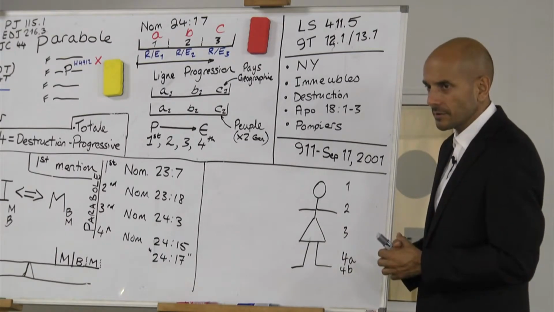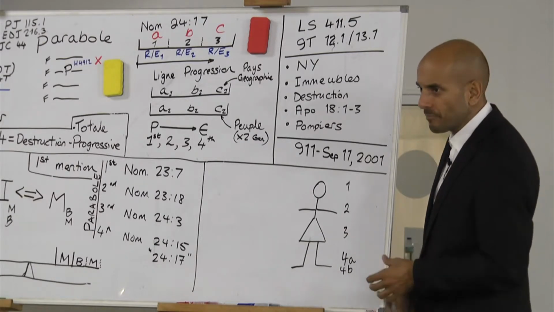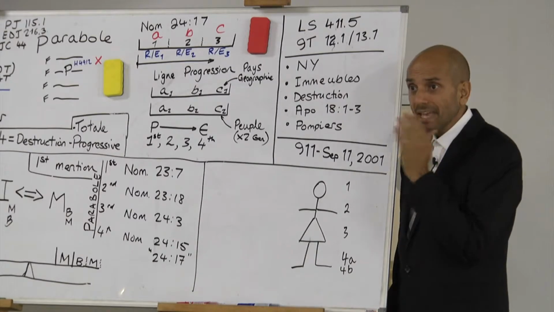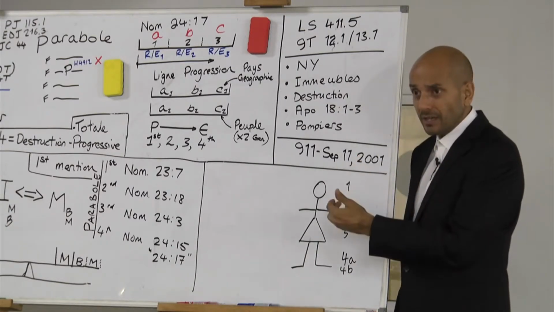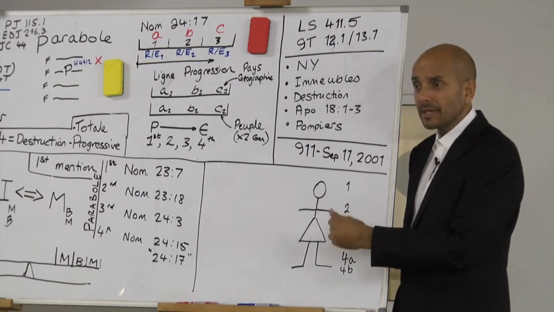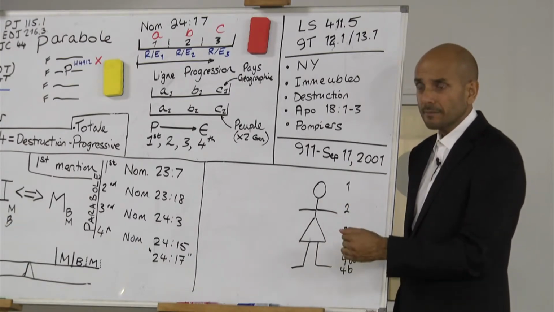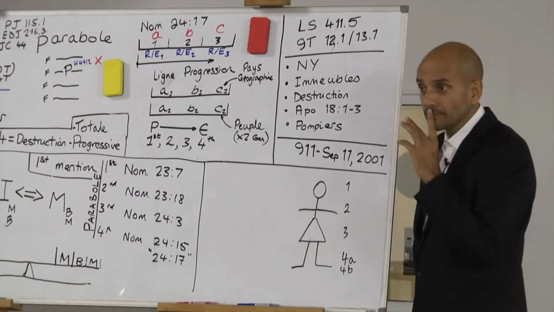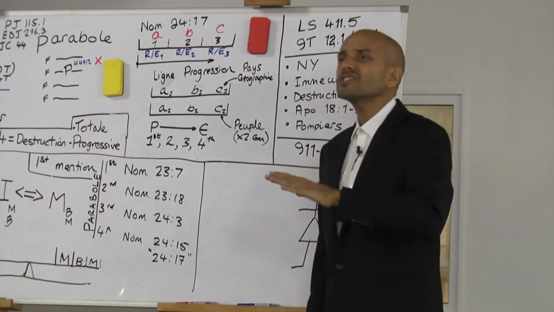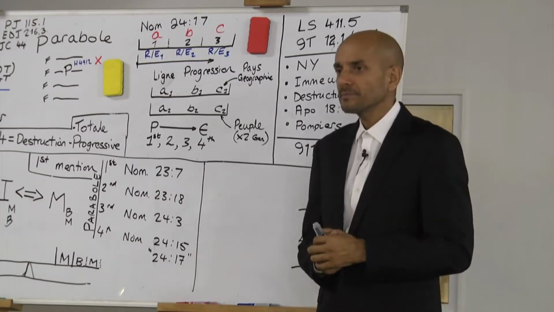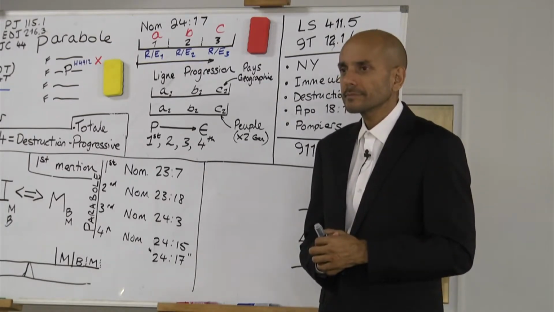Body parts. Head, body, thighs, legs, feet. Body parts. What's the second, which is the enlargement or the repeat?